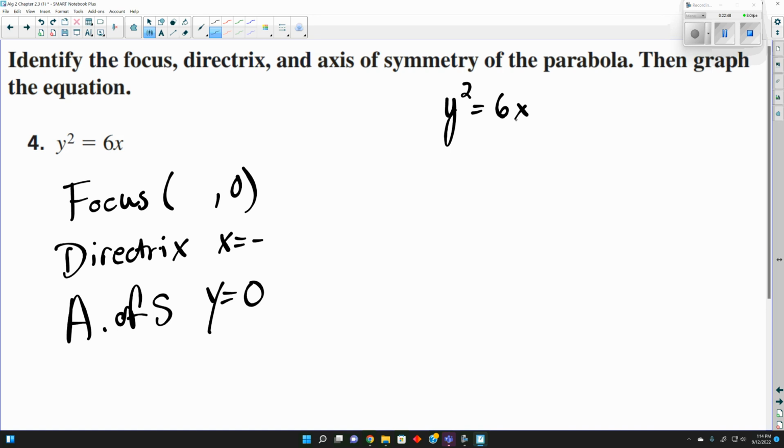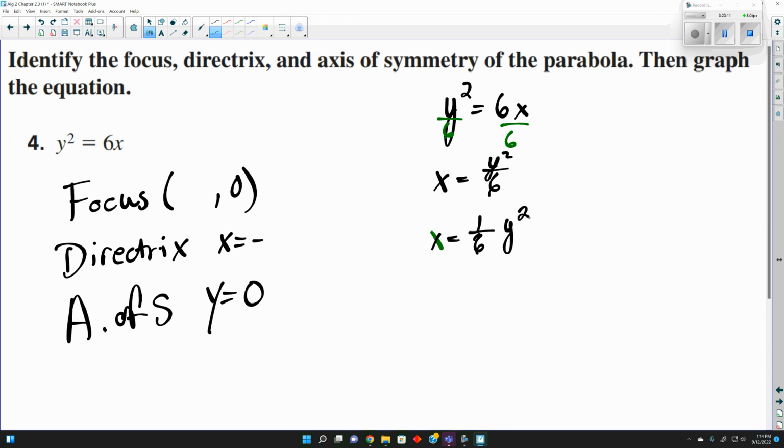Now this time we need to get x by itself, yes? So what can we do to get x by itself? We can divide both sides by 6, which just tells us that x is equal to y squared over 6, or we could say x is equal to 1/6 times y squared.